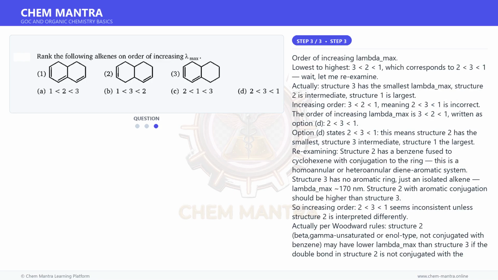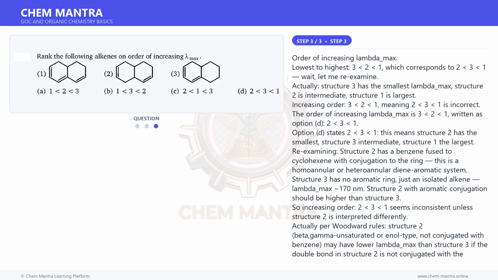And for the final step, order of increasing lambda_max. Lowest to highest, 3 to 1, which corresponds to 3-1, wait, let me re-examine. Actually, structure 3 has the smallest lambda_max, structure 2 is intermediate, structure 1 is largest.